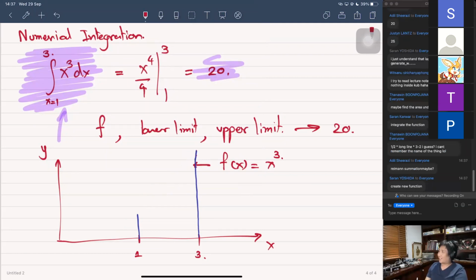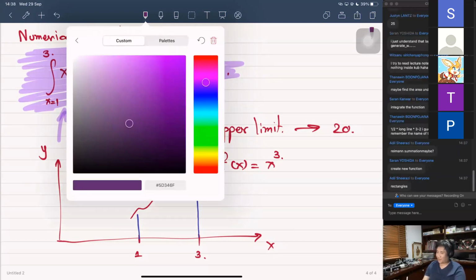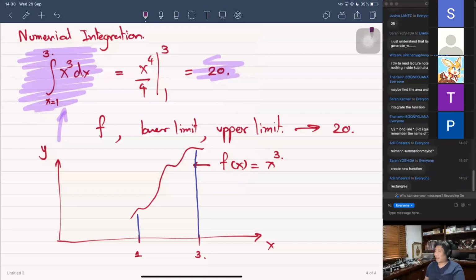Riemann sum. Okay, good, you know the keyword. What exactly does it do? What exactly does it sum up? Do you remember? Rectangles. Good.